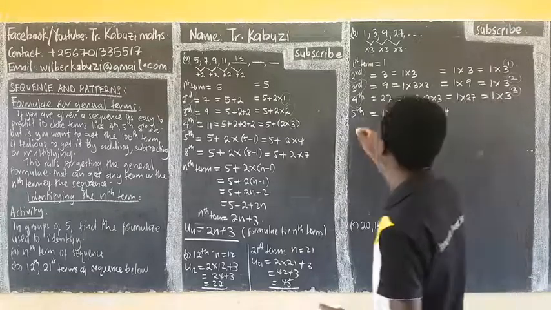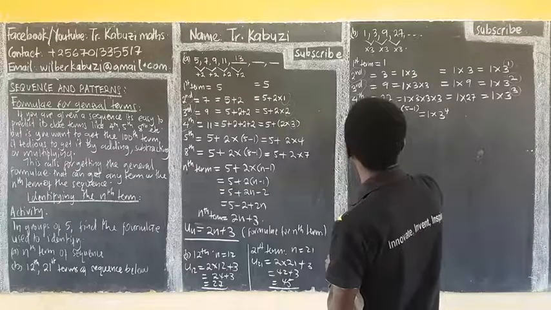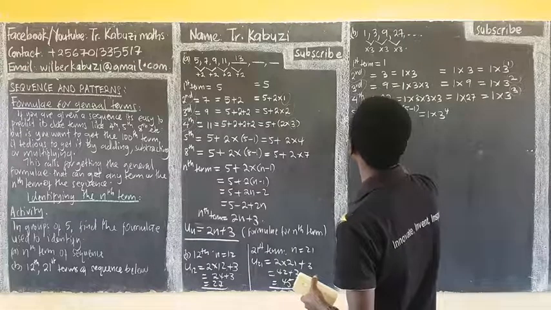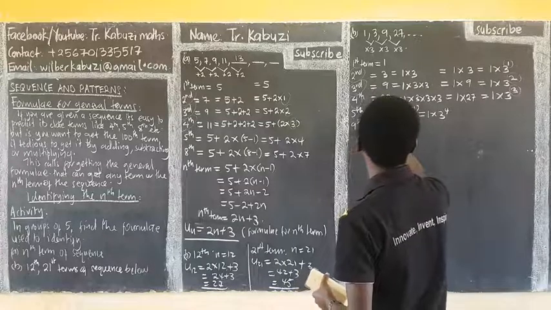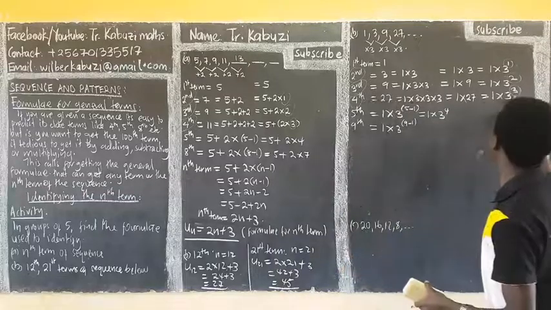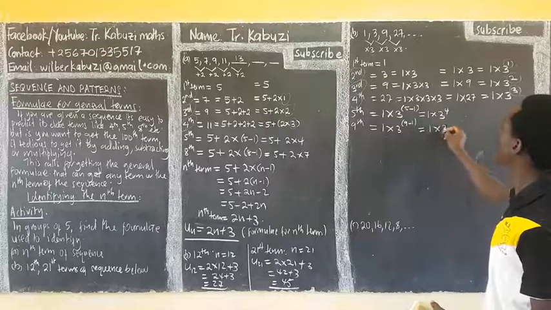Hope you see this. So if I have the 63, let me go to the 9th. It will be 1 times 3, then 9 minus 1, because that's a term we've been seeing, which will be 1 times 3 power 8.